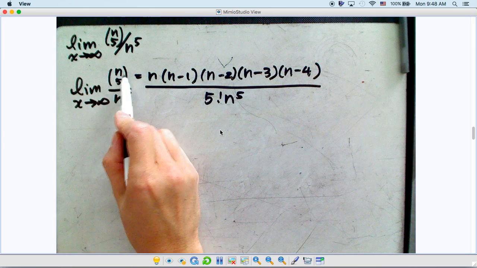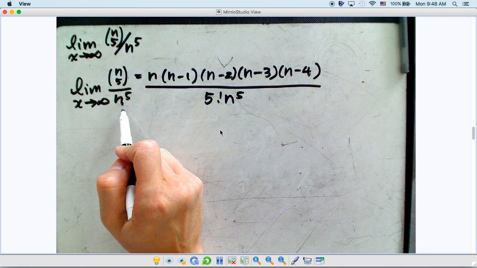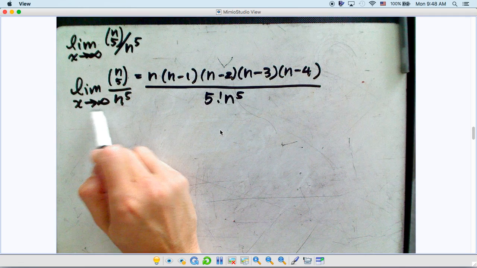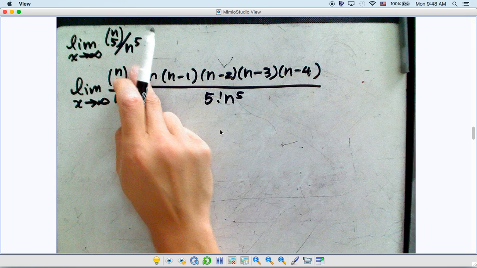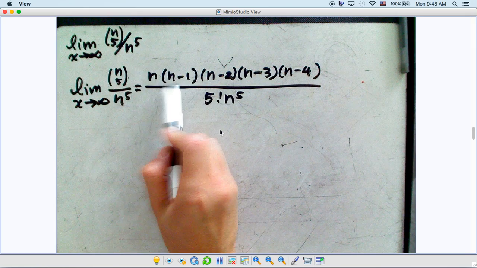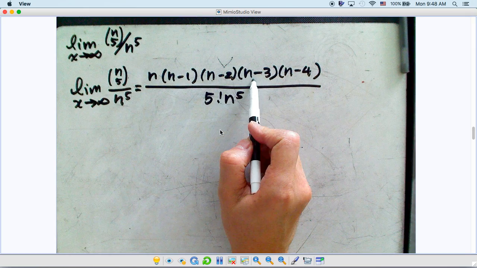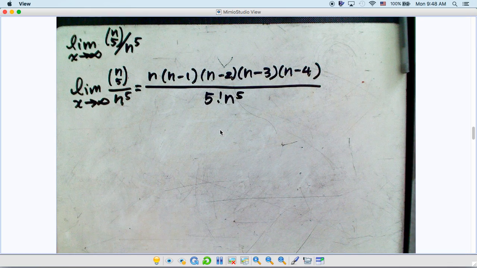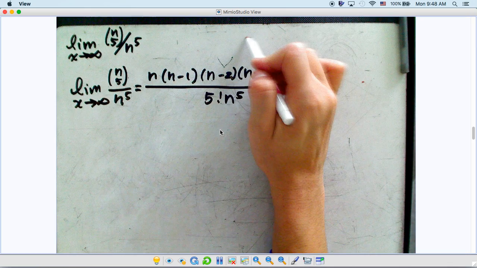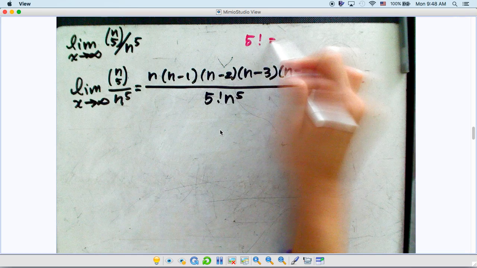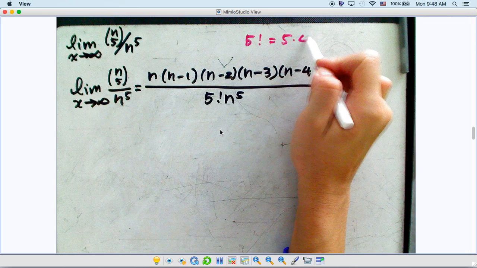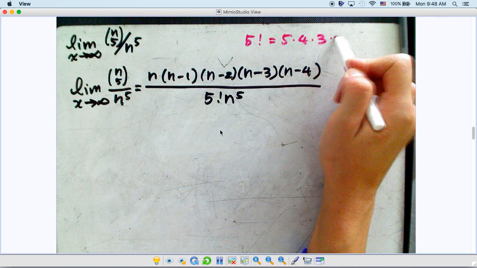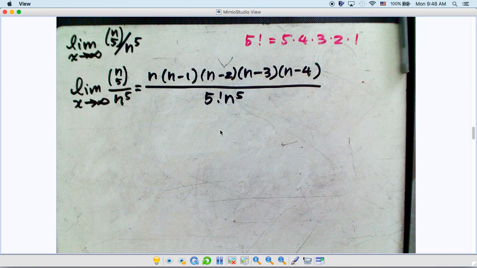So the limit of n choose 5 over n to the 5th power as n approaches infinity equals n times n minus 1 times n minus 2 times n minus 3 times n minus 4 all over 5 factorial times n to the 5th power. 5 factorial is 5 times 4 times 3 times 2 times 1, as you have learned in Algebra 2.